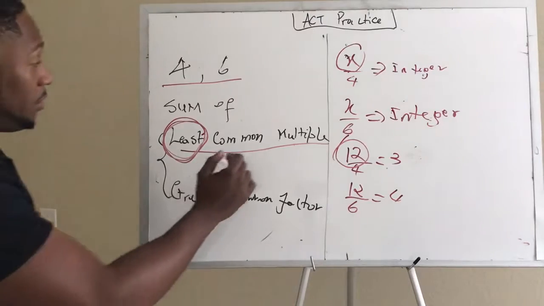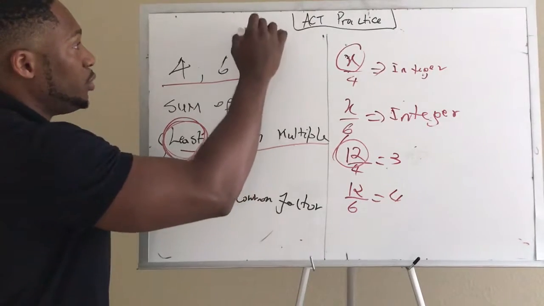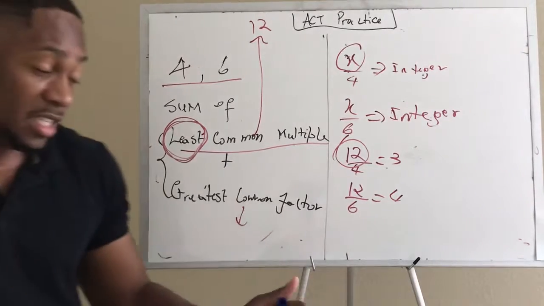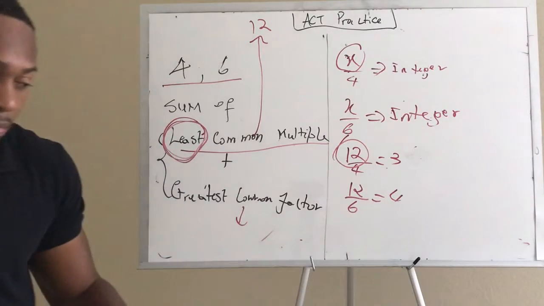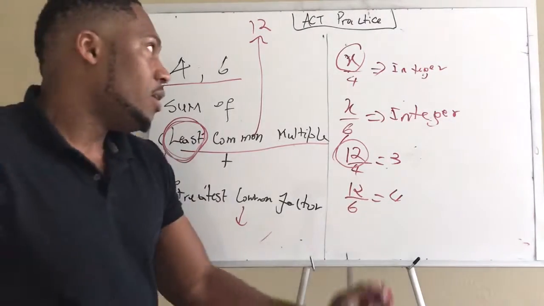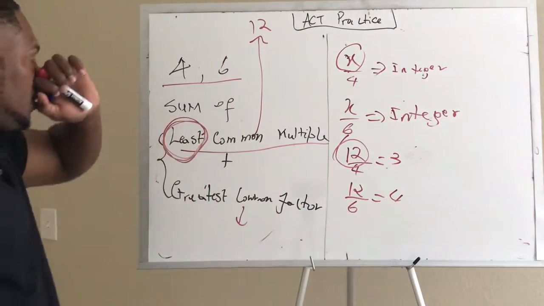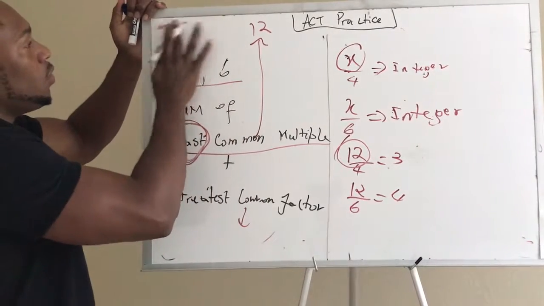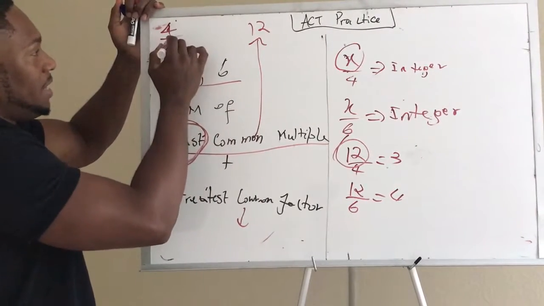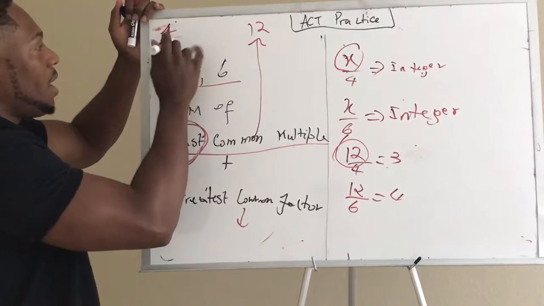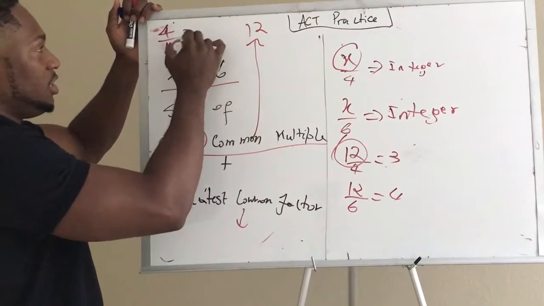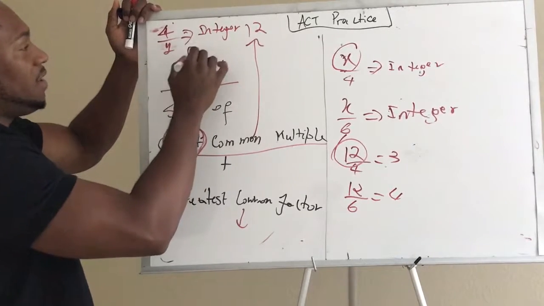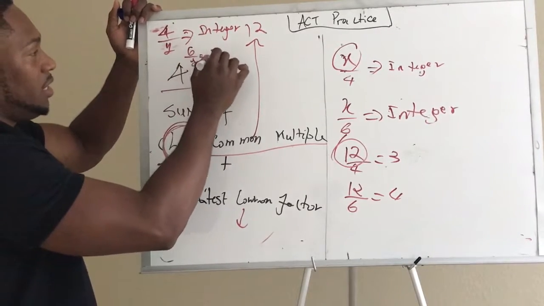So for this one, it was 12. Now let's do the greatest common factor. The greatest common factor is a number, let's call it y, such that when you divide 4 by y, you get an integer, and when you divide 6 by y, you also get an integer.